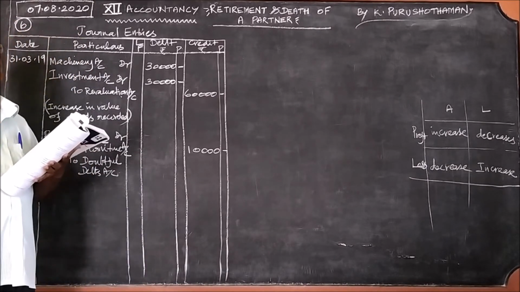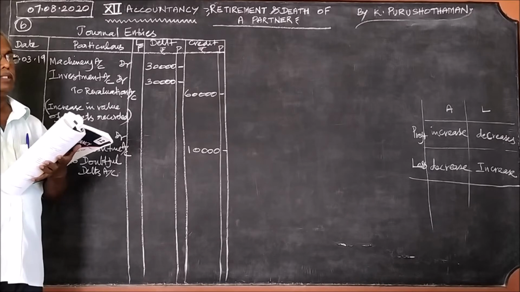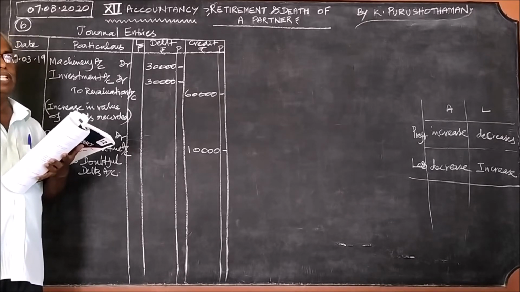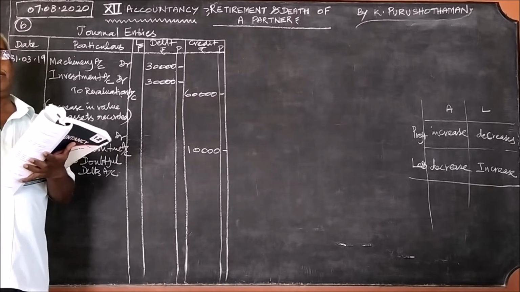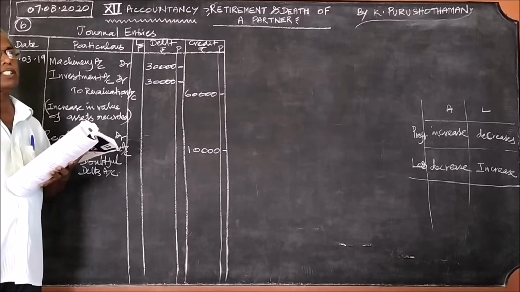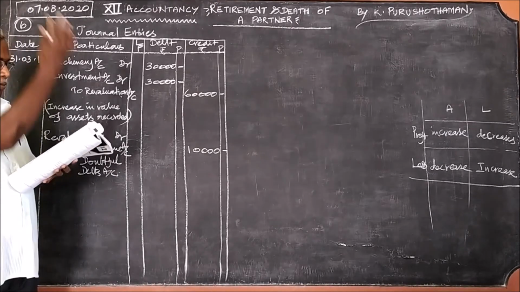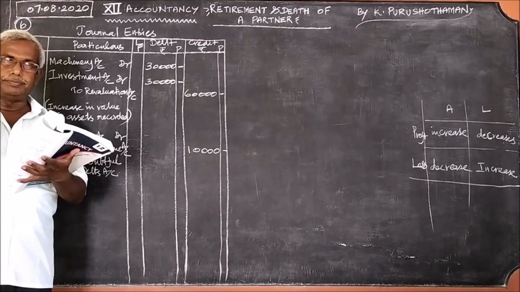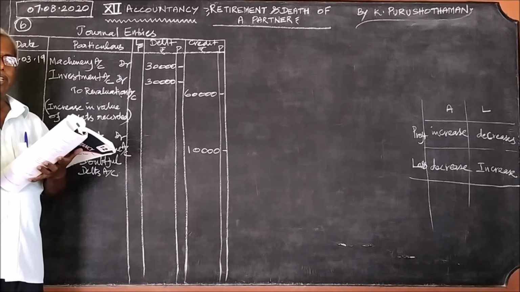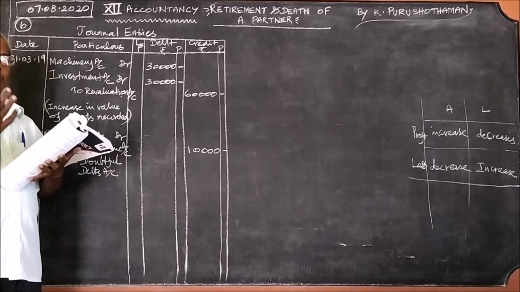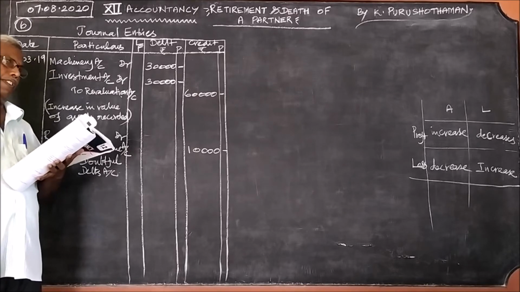I told you in other classes, the statements are given with prepositions, they play with prepositions. When it is increased by 5,000, you should take the entire amount of 5,000. Be careful. It is increased by 5,000, it means the total amount 5,000 has been increased.